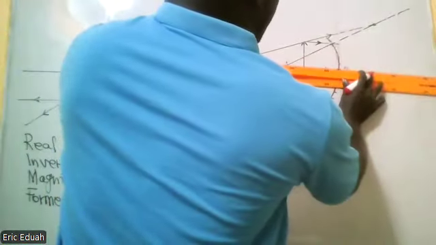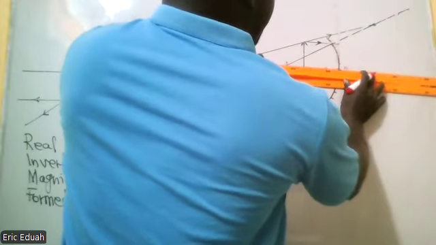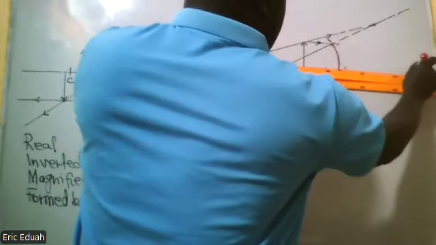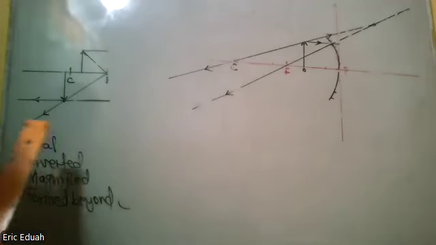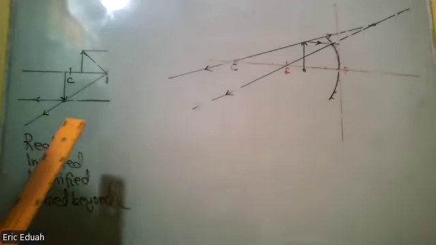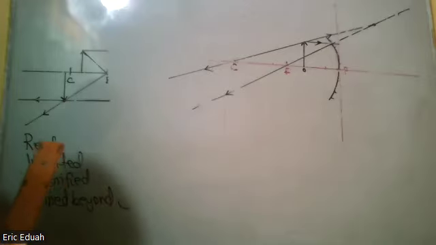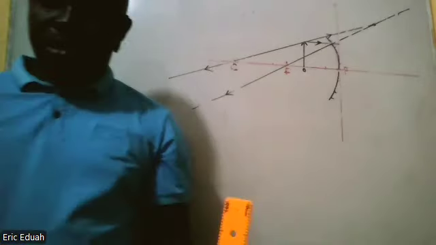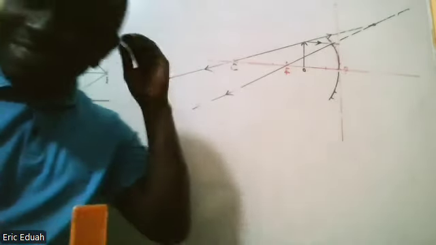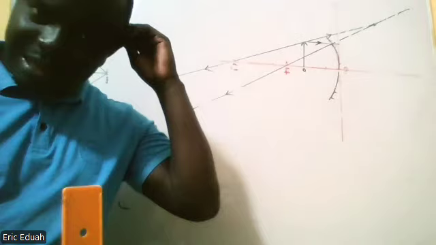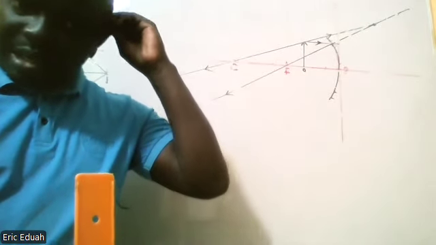The object and the image would always be on the principal axis. Please, Mr. Ed, your line is breaking. Please, is it a general problem at your end? Yes, please. At Maria's end, I guess. Let me see.